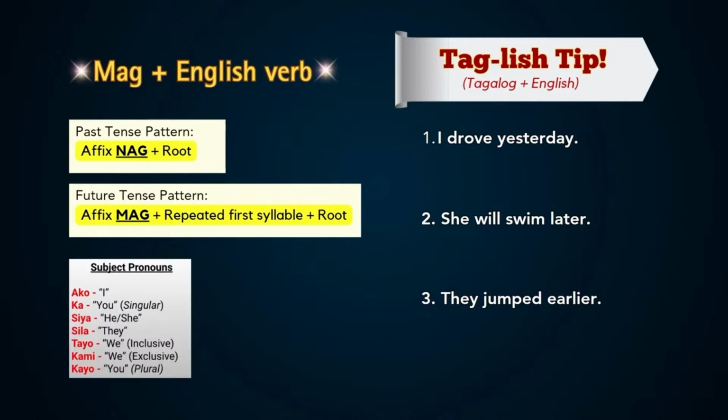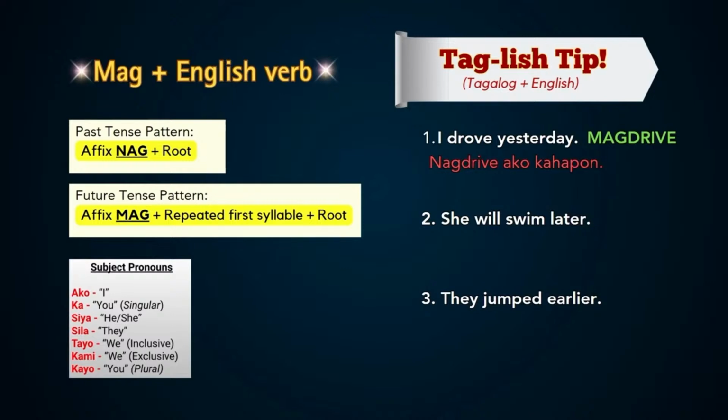So let's take a look at number 1, I drove yesterday. What if I told you to use mag drive? Now conjugate it in the past tense because it's drove. I drove yesterday. It would be nag-drive. Nag-drive ako kahapon. I drove yesterday.